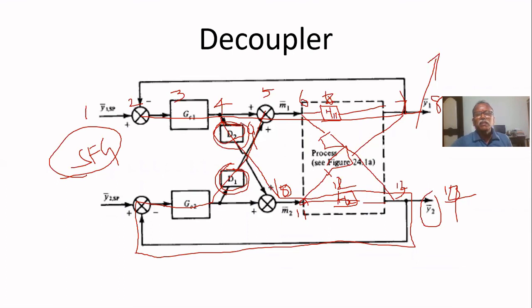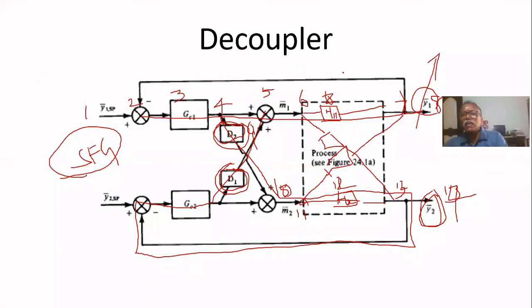D2 alone can be implemented to tightly control Y2. So this is called partial decoupling. You use D2 to keep Y2 from deviating, but Y1 we allow to vary because of the interaction. The feedback loop takes a long time to decouple that deviation.